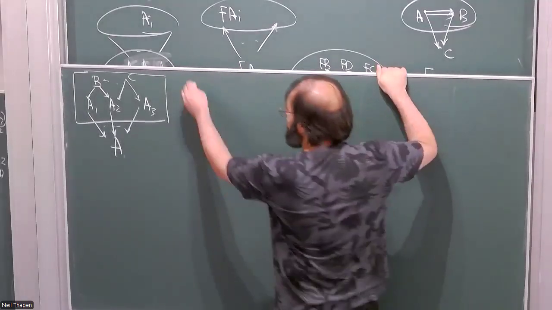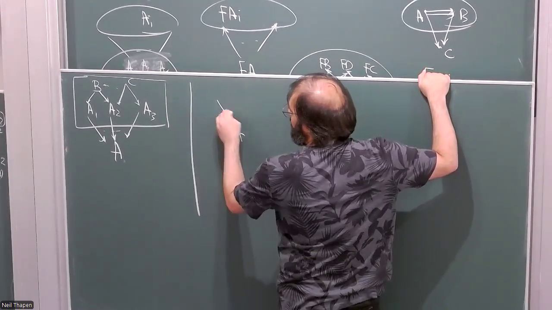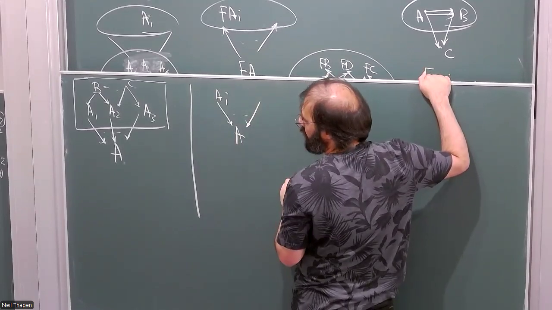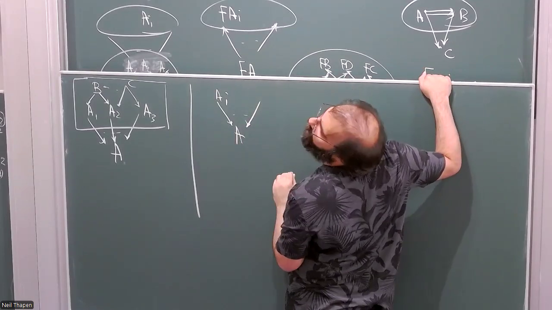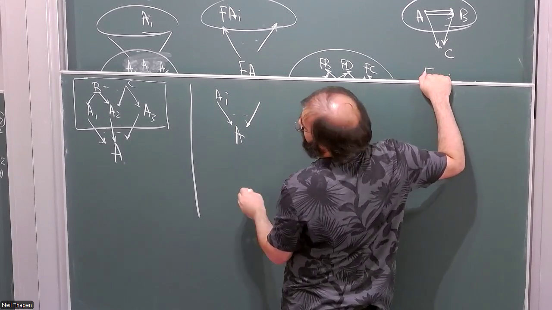So the sheaf condition says that if you have a covering family like the A_i... Well, no. What is it a condition on?